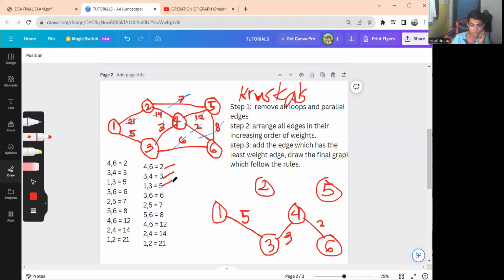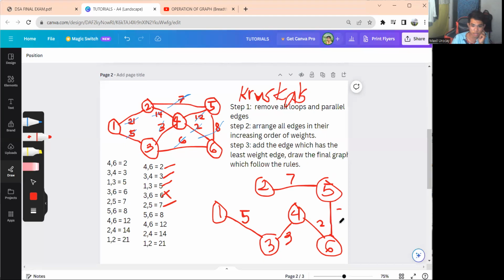And put check here. So 3 to 6, that is a cycle. So therefore, we are unable to use that one. Just put wrong. Then 2 to 5, which is not a cycle. So that is 7. We'll check that. Then 5 to 6 is definitely not a cycle, so we'll use that one too.